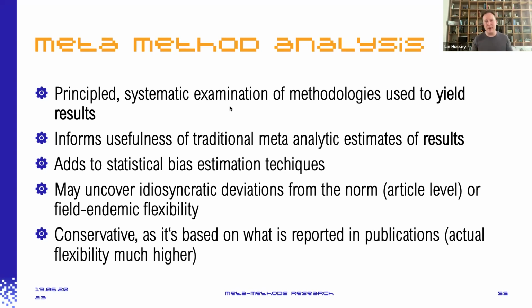Scrutinizing methods through meta-methods analyses can provide you more fine-grained analyses of which papers are deviating from norms or whether norms exist at all. And it is, bottom line, a fairly conservative method because it is based on only what is reported in the publications. So unfortunately, even the metrics that we provide here are likely lower bounds of what the actual degree of flexibility is.